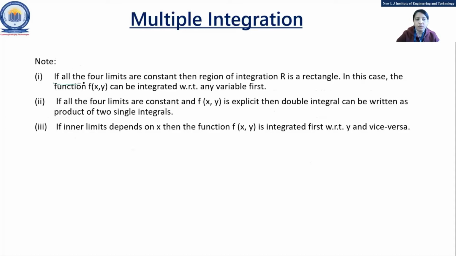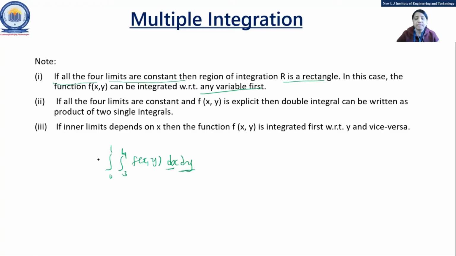So if all the four limits are constant, suppose they are 0 to 1 and 3 to 4, all the limits are constant over some region R, in that case, the function f(x,y) can be integrated with respect to any variable first, right? Either you can first integrate with respect to x and then y, otherwise you can integrate with respect to y first and then x.